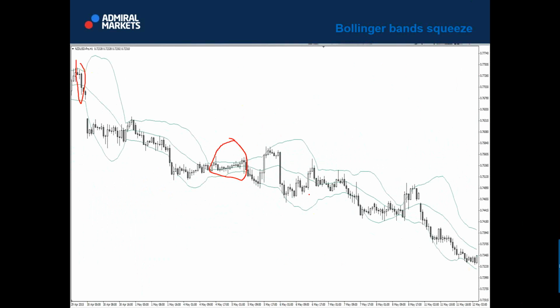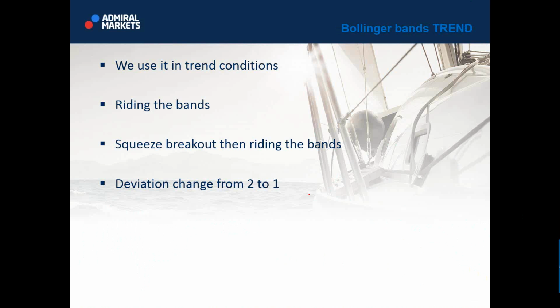You want to see this. Okay? Bollinger Bands trend is actually riding the bands. We use it in trend conditions, and a lot of traders really use the Bollinger Bands riding the bands form for trend trading.